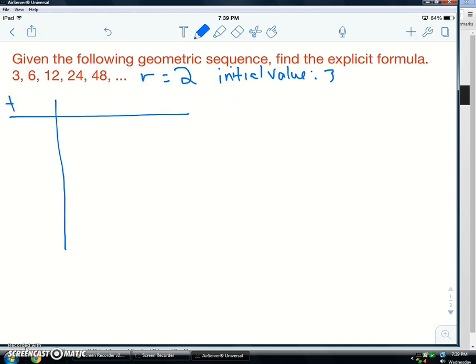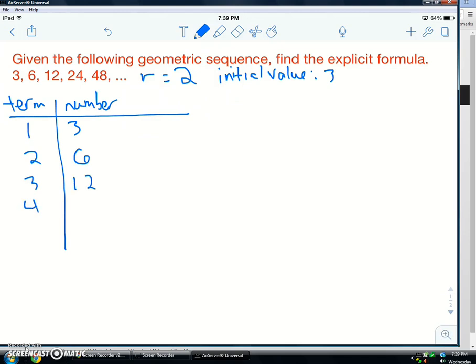Over on the left here, we're going to write the term, and that's going to be what term we're in, in our sequence. So we've got our first term, which is 3. Then this is going to be our number in the sequence. Our second term in the sequence is 6. Our third term is 12.